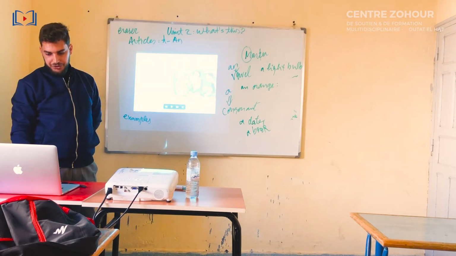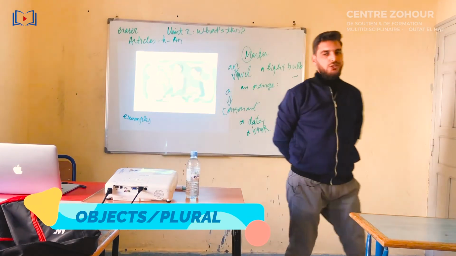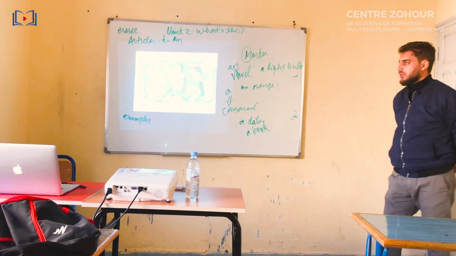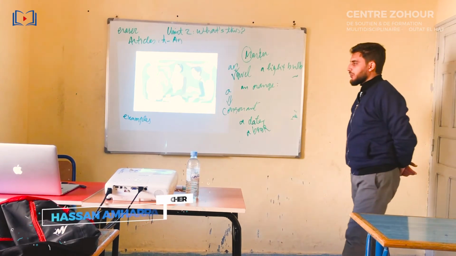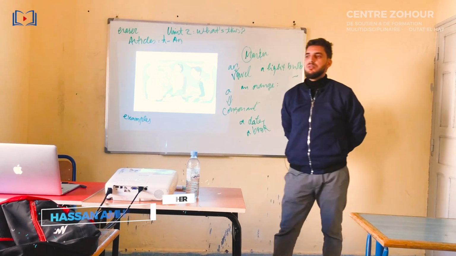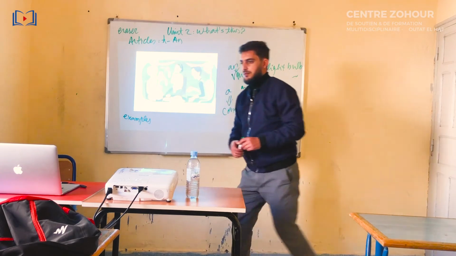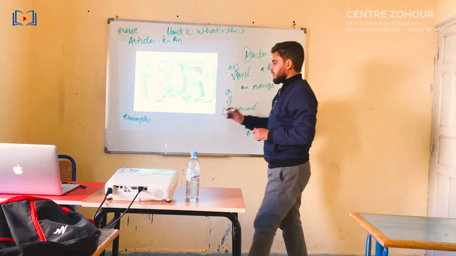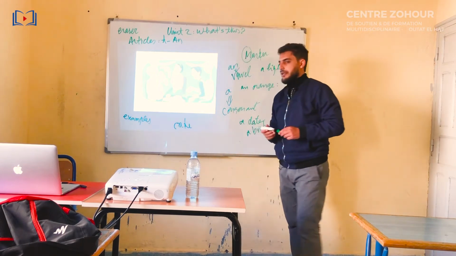Okay, so look at the picture. What do you see in the picture? What do we have in this picture? We have 3 persons. Very good. There are 3 persons. Okay. So 2. That's a cake. It's a cake.